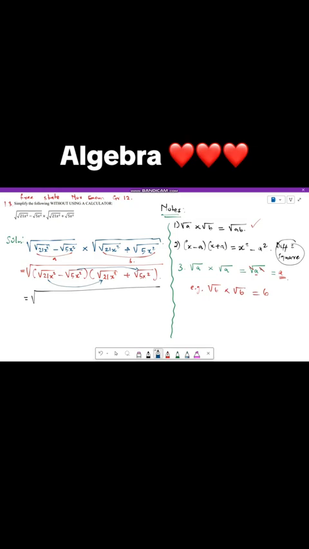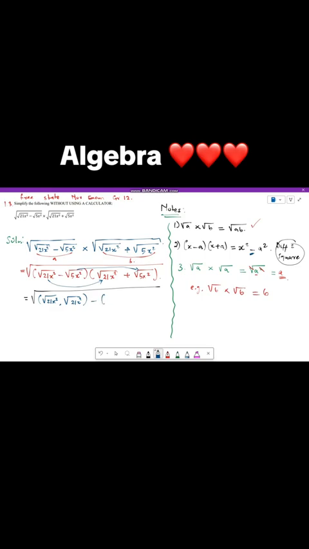So we'll then say the square root of 21x squared multiplied by the square root of 21x squared. Then negative, positive, remember, is going to give you that negative there. So we're going to have our negative.